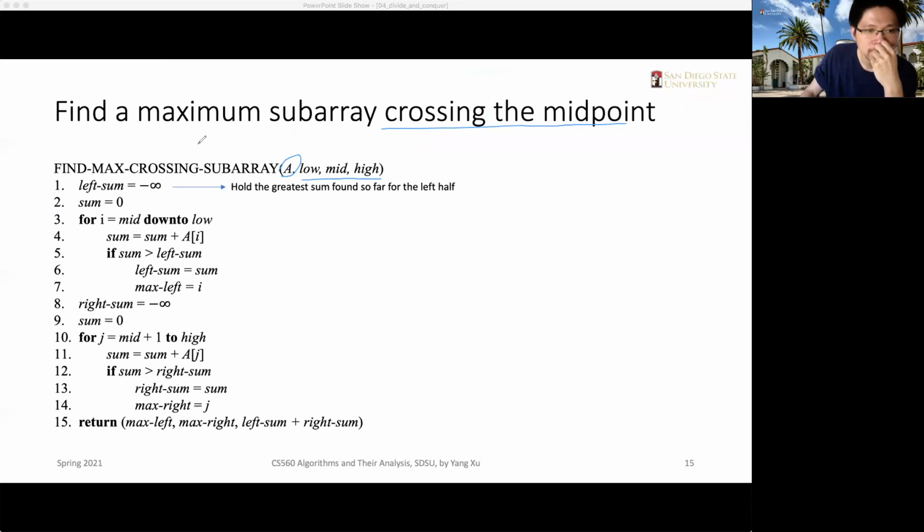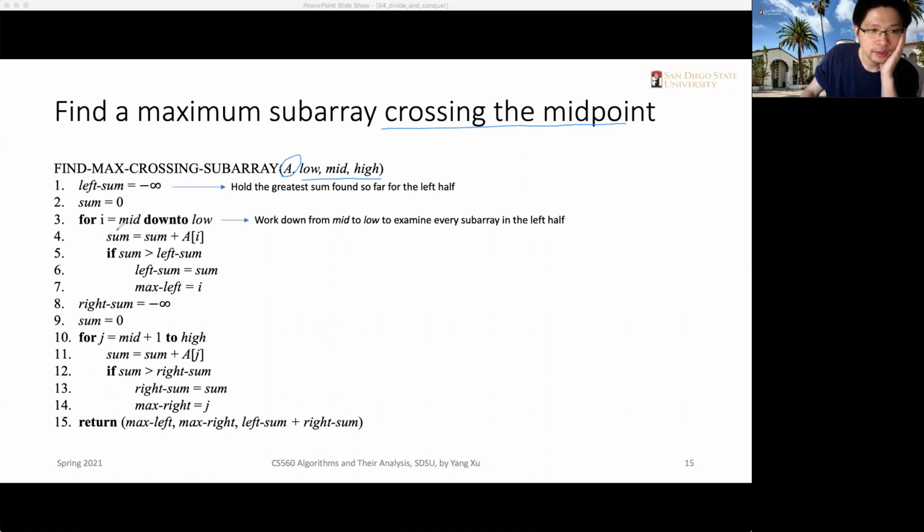The first line of code defines a variable to hold the sum found so far for the left side. It's called left sum. It works down from the mid to the low to examine every subarray in the left half.